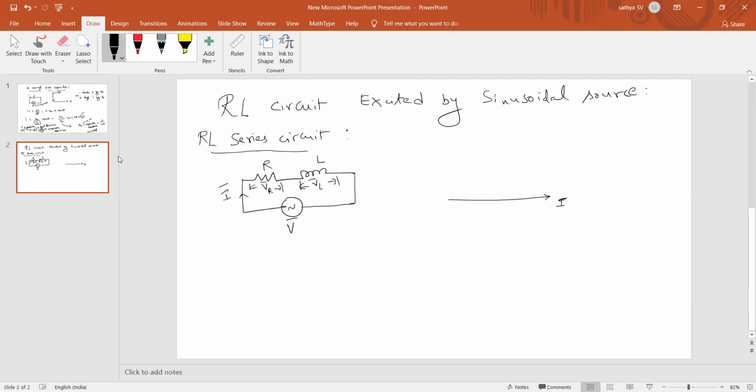Now for resistor, are voltage and current in phase, or lead or lag? Tell me, for resistor, V and I are in phase, or are there any lagging or leading conditions? Just now we finished R, L, C individually.